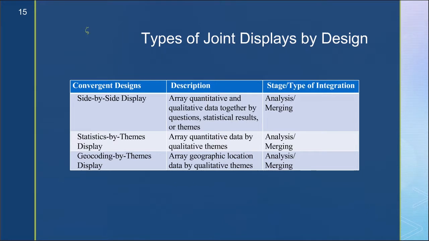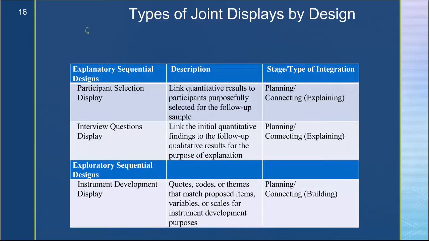In this table right here, and I won't walk through this in a lot of detail, I want to instead show you examples of these types of joint displays, breaking them down by types of mixed methods designs we're using. So for a convergent design, I'll talk briefly about side-by-side displays, statistics by themes, geocoding joint displays.